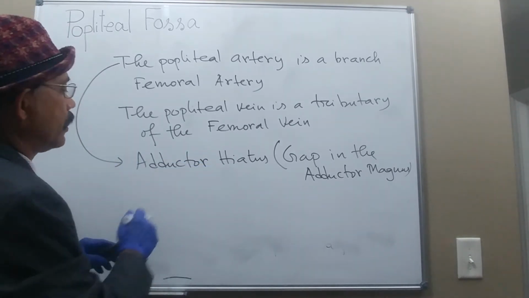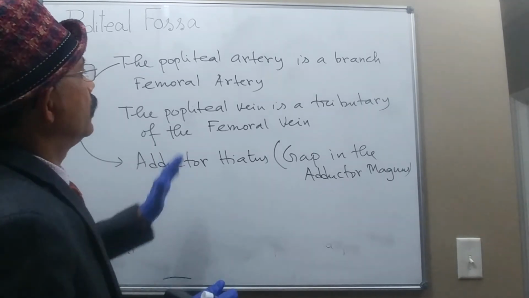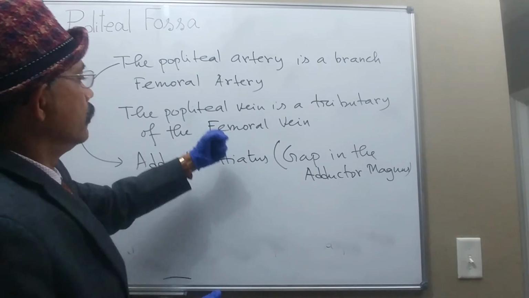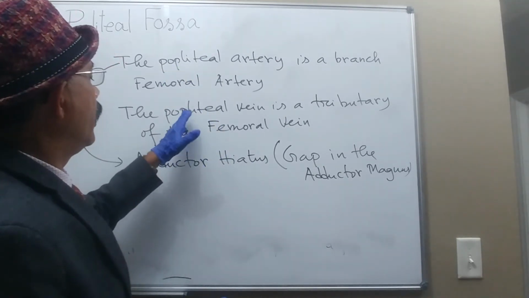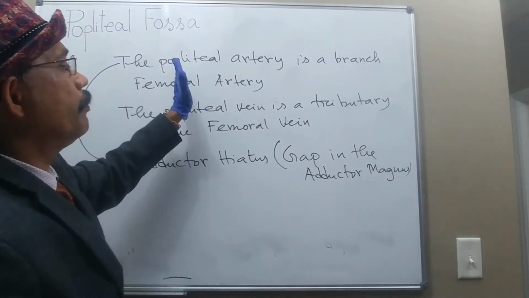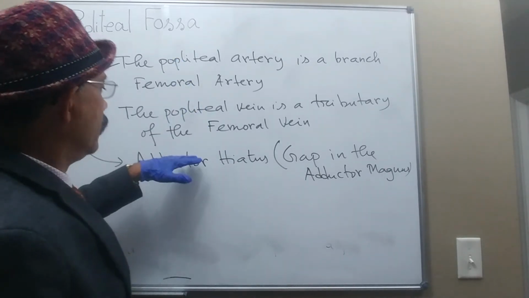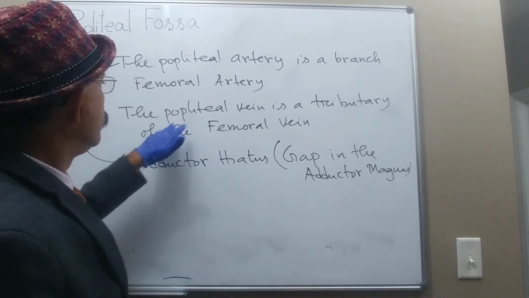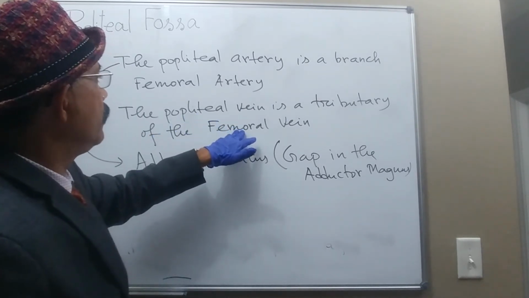So the adductor hiatus is a passage for the popliteal artery to go down to the popliteal fossa, and a passage for the popliteal vein to go up to the adductor canal. So this is going to the femoral vein.